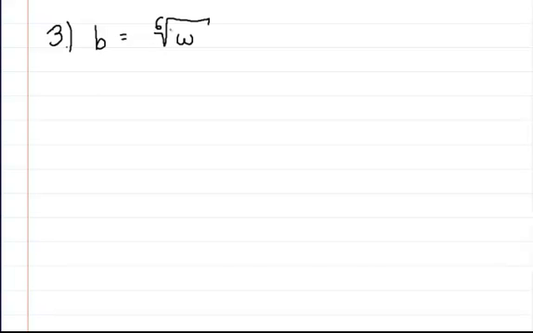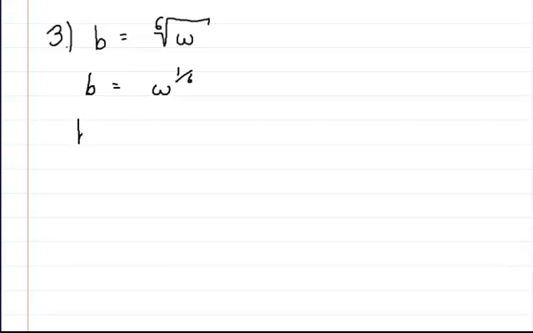The first thing I want to do is rewrite the sixth root here. So I'm going to say b is equal to omega to the 1/6 power. And that's what this means right here. So let's take the derivative.